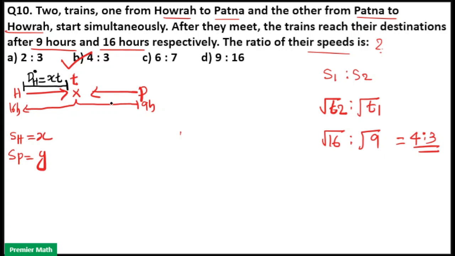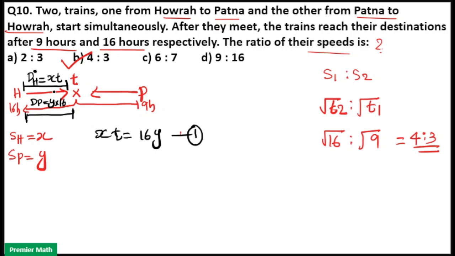And this is the same as the distance travelled by the train from Patna after the meeting point, that is dp, which is equal to the speed of the train from Patna into the time taken after the meet to reach the destination, equal to 16 hours. So this distance is the same. So xt is equal to 16y. So this is our first equation.